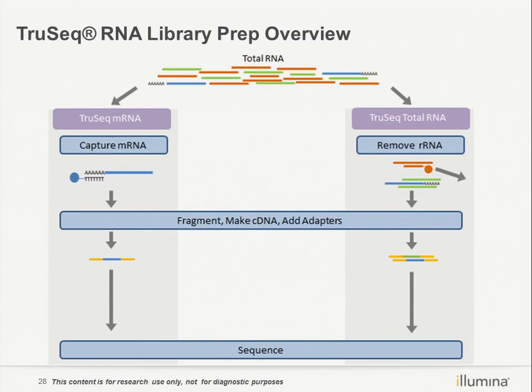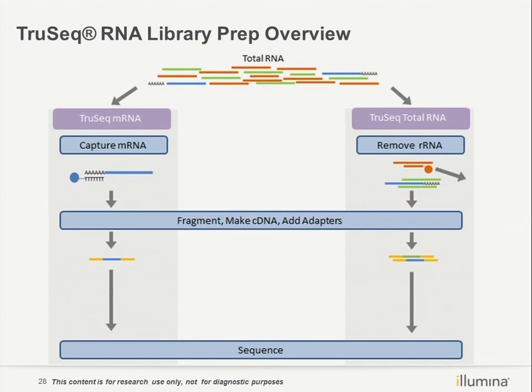The second method is we start from total RNA, but here we use some specific oligos with specific sequences, and these oligos will target the ribosomal RNA, and then we use some beads to remove this ribosomal RNA.